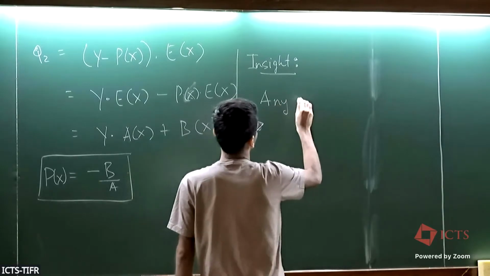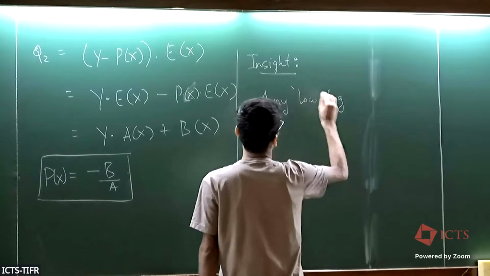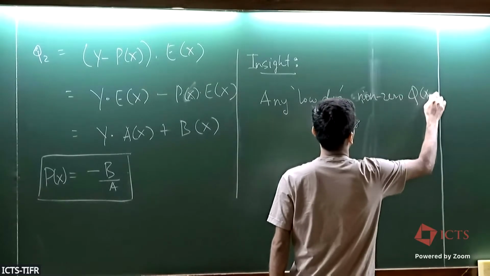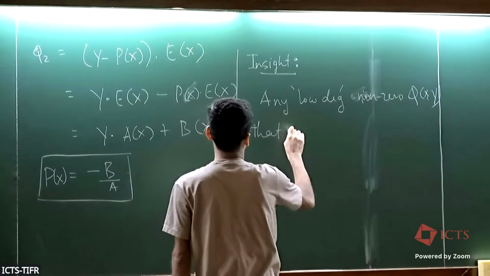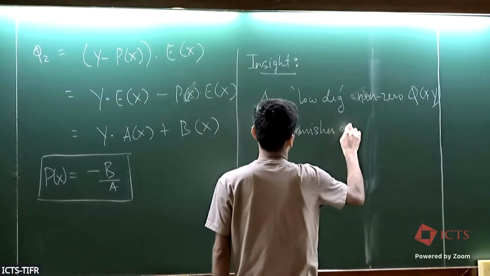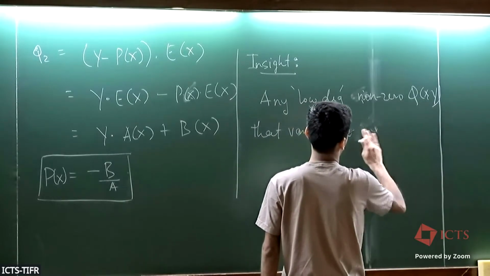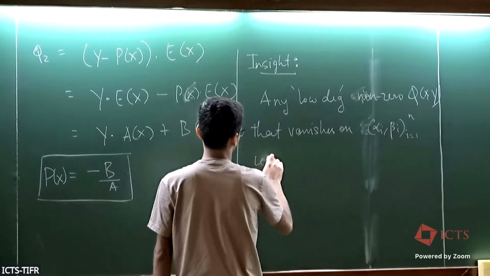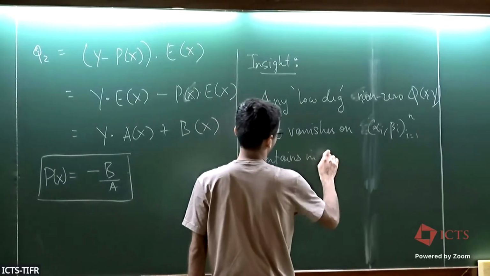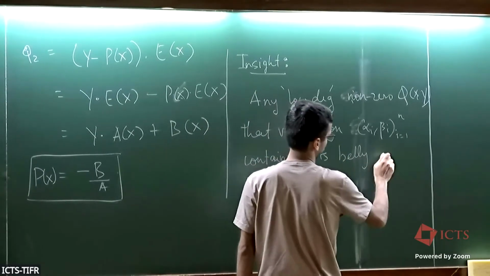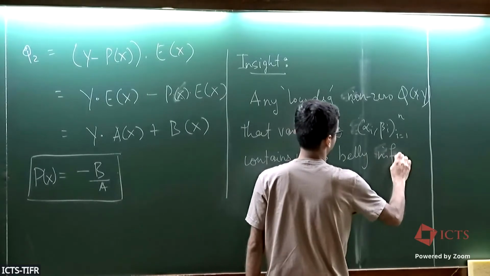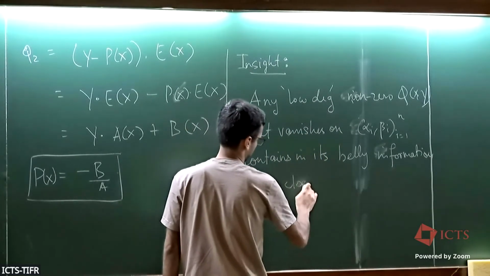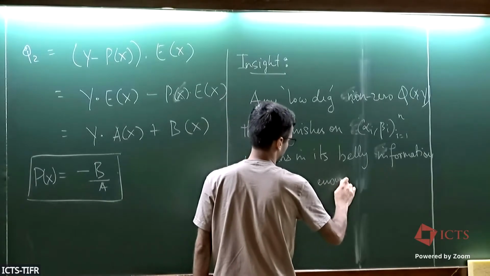So any low degree non-zero Q of xy that vanishes on the points alpha i, beta i, as i ranges from 1 to n, contains in its belly information about close enough code words.